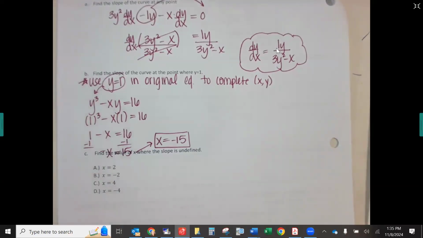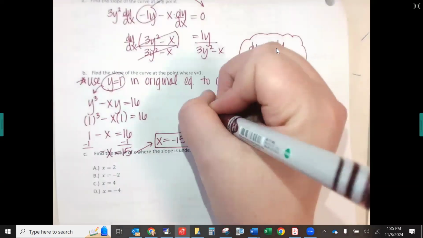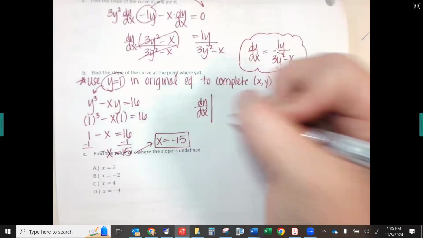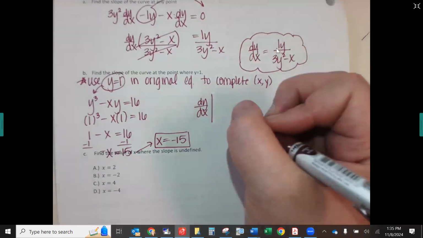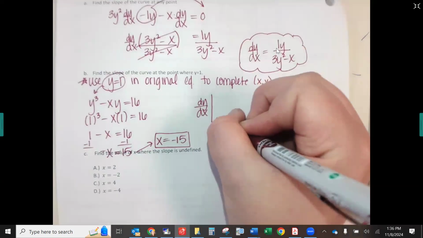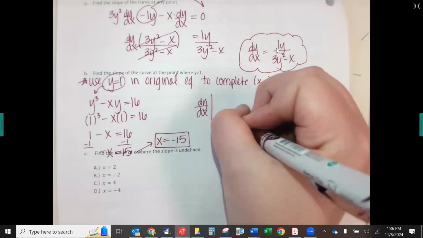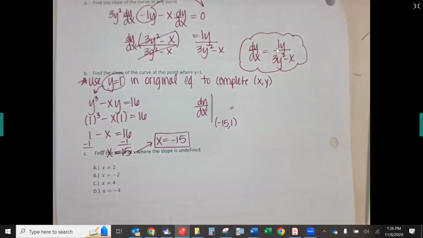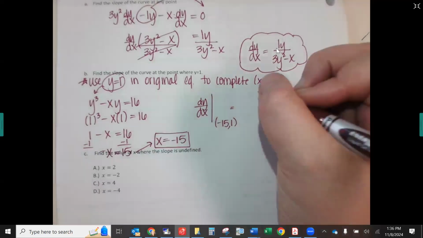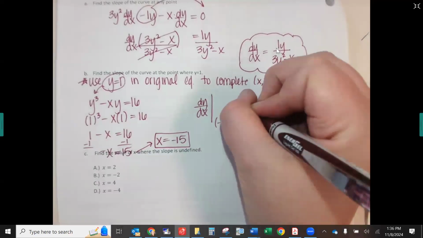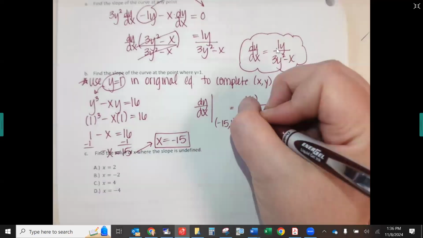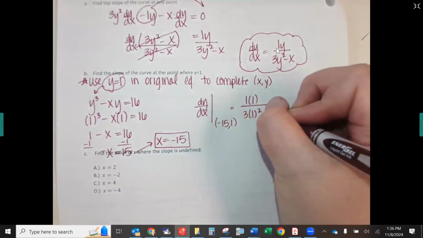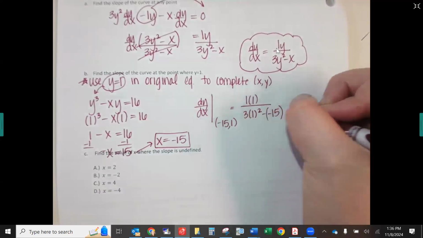From there, I'm going to take my x and my y together and plug them into my dy/dx. So dy/dx at (x, y). My x is negative 15. My y is 1. And remember, we're plugging into this right here. So I have 1 times 1 over 3y squared minus negative 15.